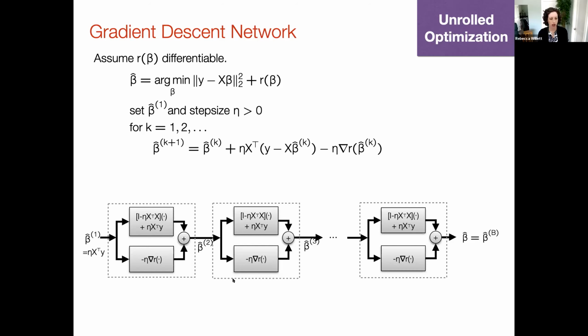So each one of the dashed blocks corresponds to a different iteration. And within each block, we can see there are two parallel legs. One corresponds to terms that take into account the forward model X, and the other takes into account terms that use the regularizer R.